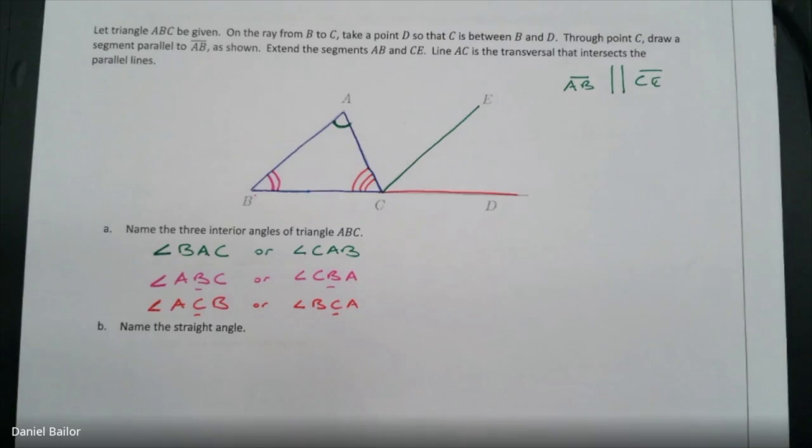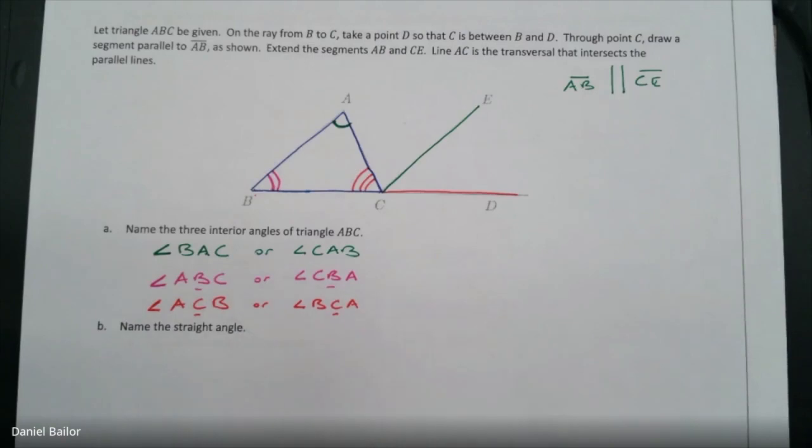For part B, we need to name a straight angle. And you'll remember in your notes, I told you that a straight angle is just a straight line. So let's find 3 letters that make a straight line in the diagram. Remember, an angle needs 3 letters.